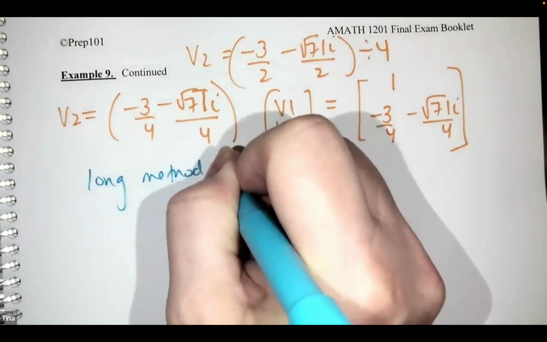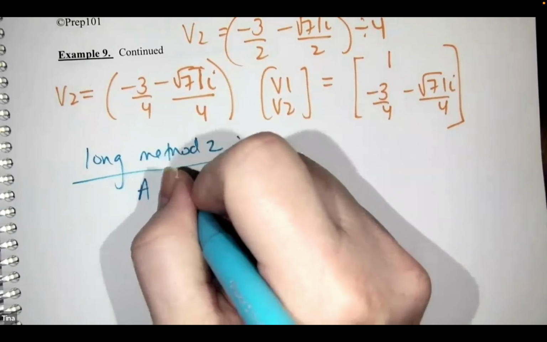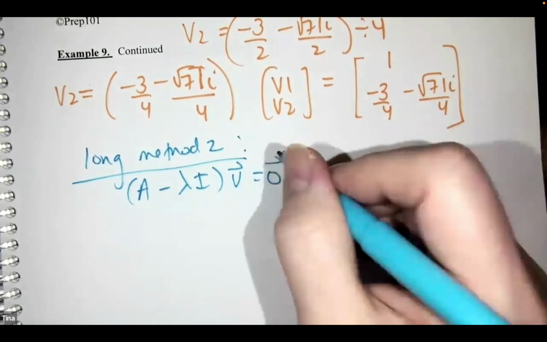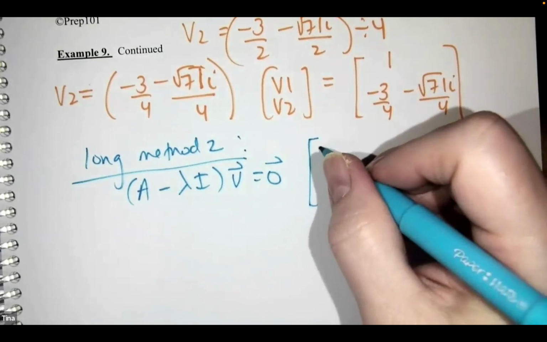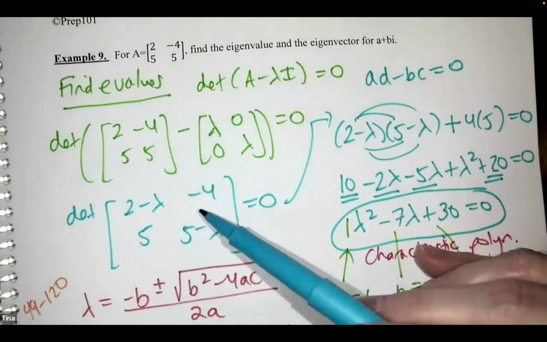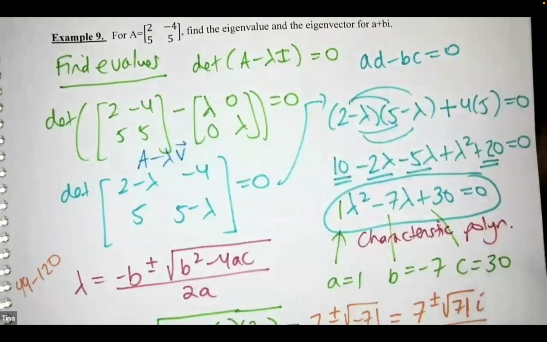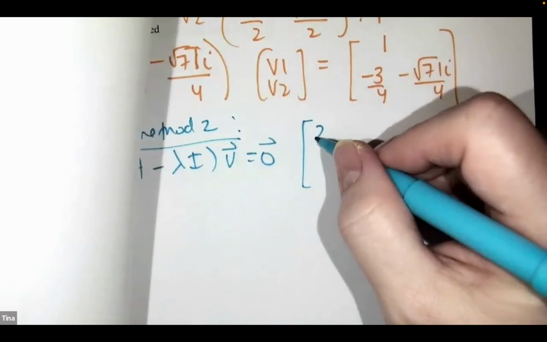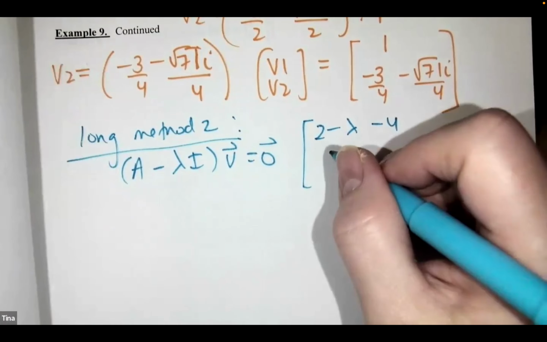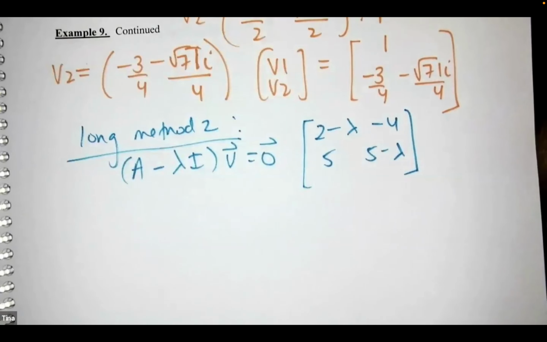So if you prefer the other method, which personally I like better, it's up to you though. A minus lambda v equals the 0 vector. We already did A minus lambda I, it was right here. It's just 2 minus lambda, -4, 5, 5 minus lambda.